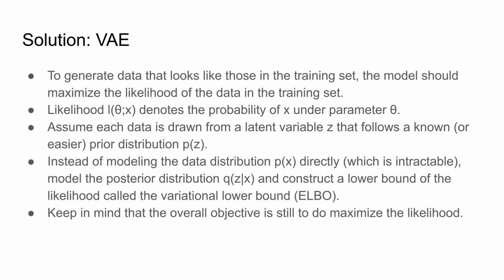So instead, we assume that the latent variables are drawn from a relatively easier or known distribution, and then we model the mapping between these two variables, including the posterior distribution, which is the distribution of the latent variable given the observed variable, which is just the variables in the training set, as well as the distribution of the actual variable given the latent variable, which is the way we can sample an actual variable as the generated result of the model given the latent.